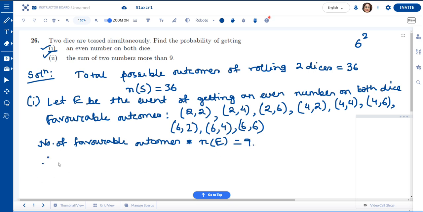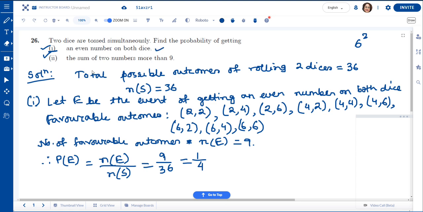So the probability of the event E will be n(E) by n(S), that is the number of favorable outcomes divided by the total outcomes, that is 9 by 36. The answer is 1 by 4. So this is the first part, which we have already got.